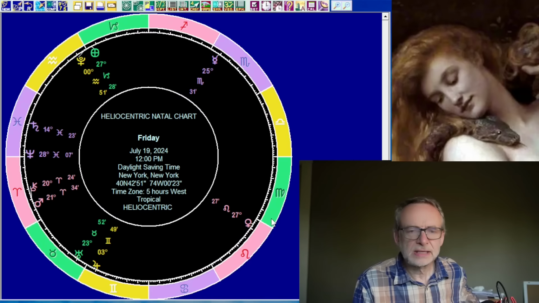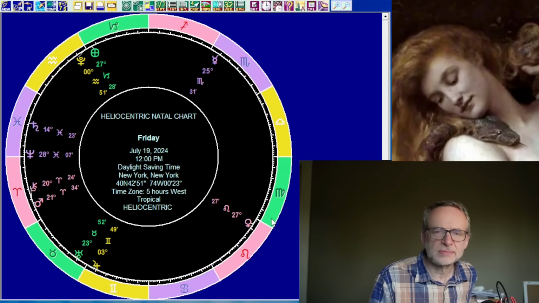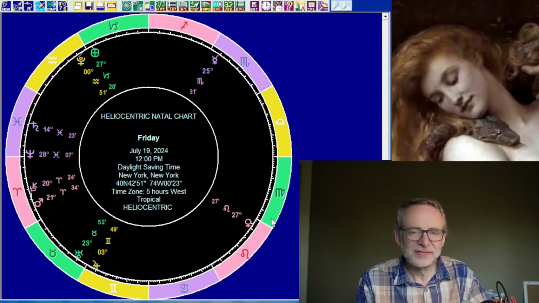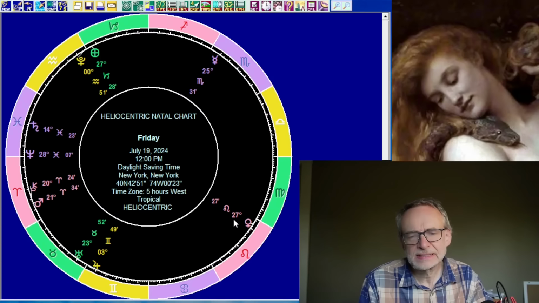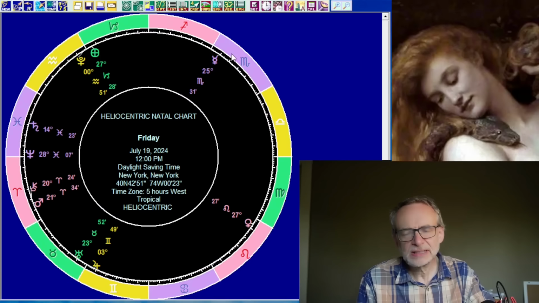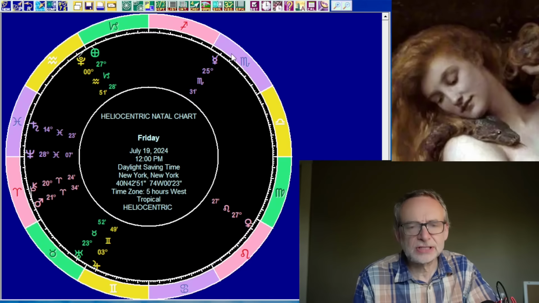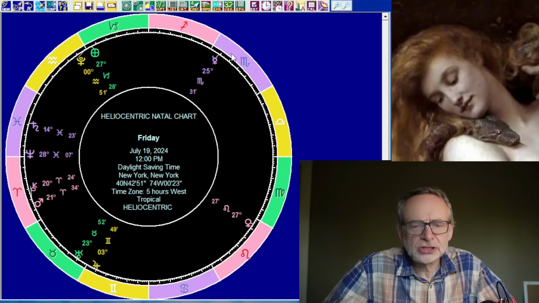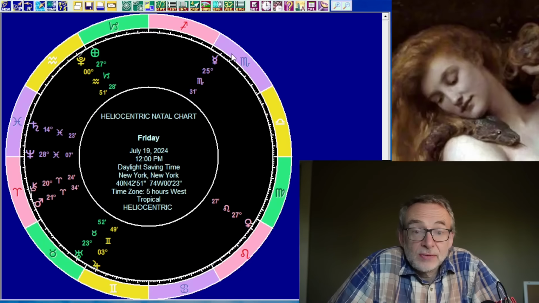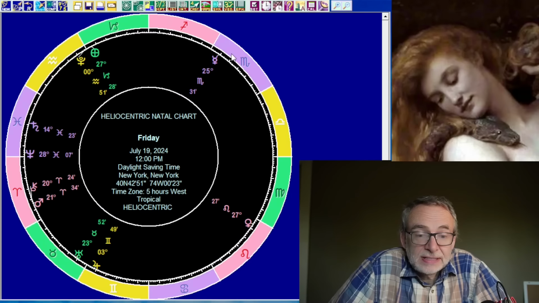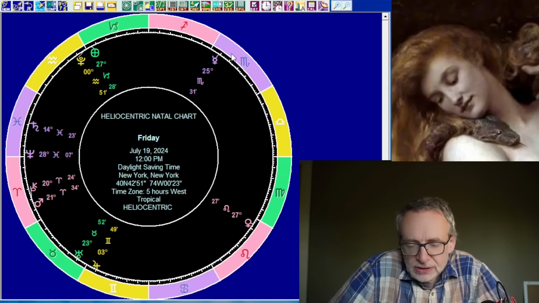You put the Sun in the center of the solar system, where it should be, of course. And there's Mercury opposition Uranus, and Venus is on the T. So actually, we have a heliocentric T-square: Mercury opposition Uranus with Venus on the T, because Venus is square Mercury and Venus is square Uranus.